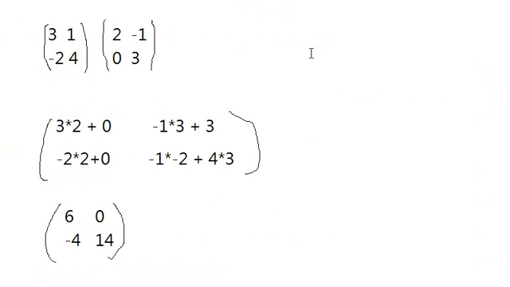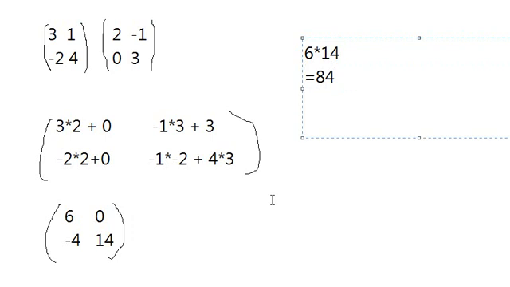So now the determinant of this matrix is 6 times 14 minus -4 times 0, which is 0. So the answer is 6 times 14, which is 84. A bit of mental math.